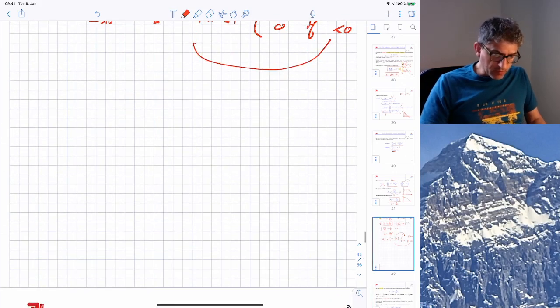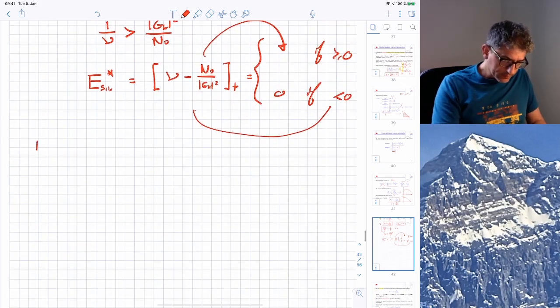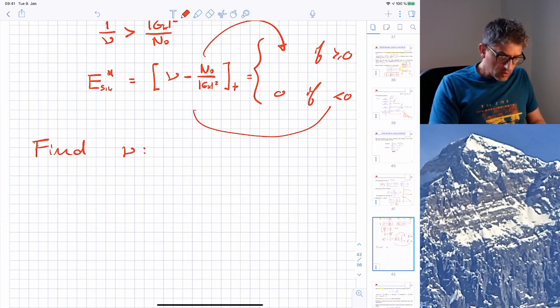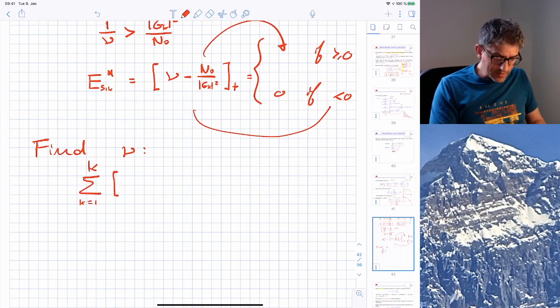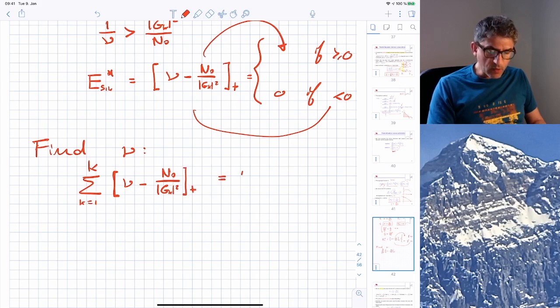So in order to find the value of nu, we have to solve the equation sum from 1 to big K of E_k star, which is nu minus n0 divided by g_k squared, positive part, equal to the total E.